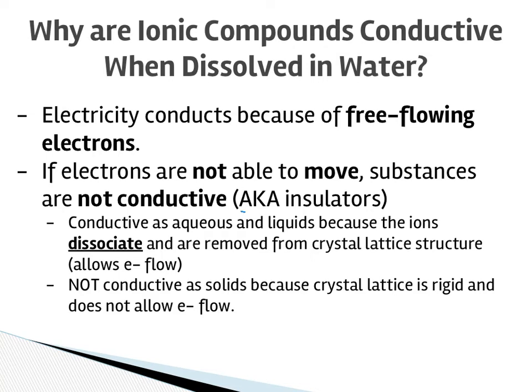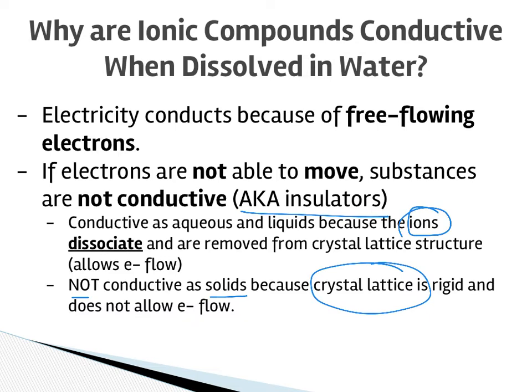We call those insulators. Now, the reason why ionic compounds do not conduct as solids is because the electrons are held really, really solidly in that crystal lattice structure. It's really rigid. The electrons can't move, they can't flow. But remember, when we conduct electricity, we dissociate into ions. We broke the crystal lattice structure.